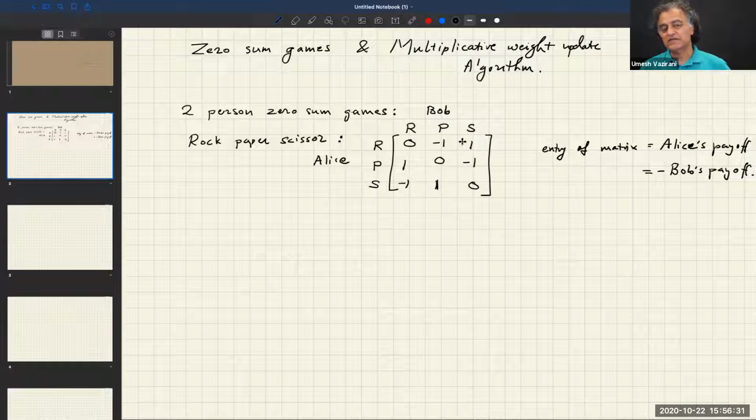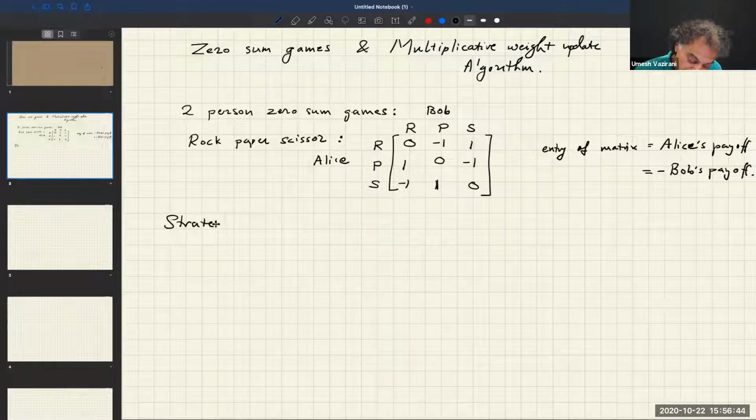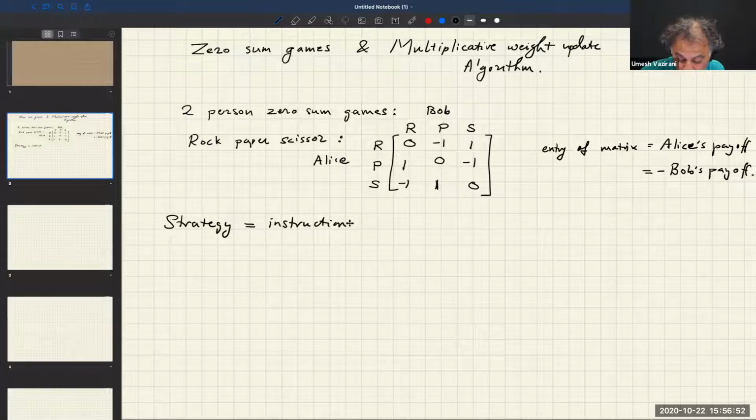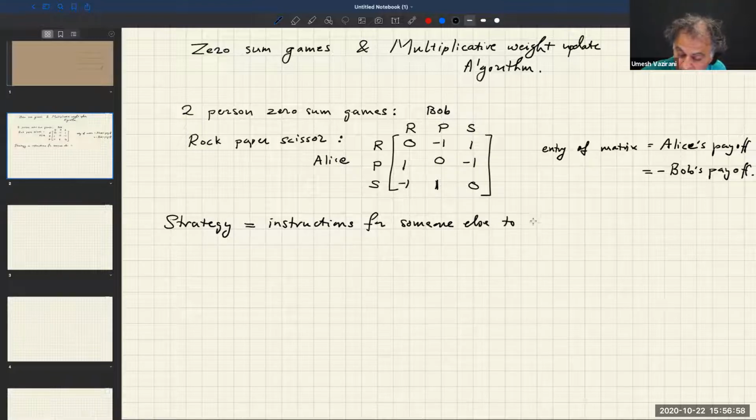So instead, what you could tell somebody who's playing on your behalf is some strategy according to which to play. And so a strategy is, you should think of as, instructions for someone else to play on your behalf.